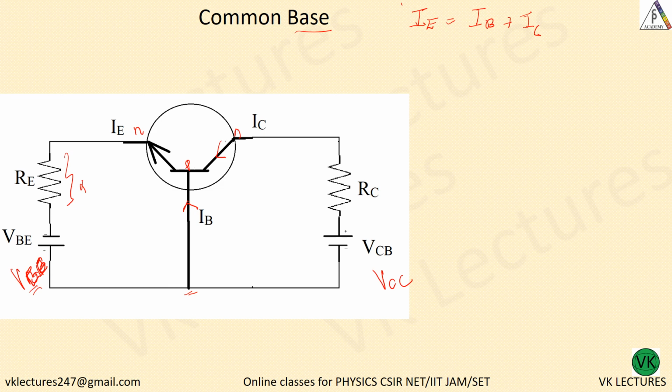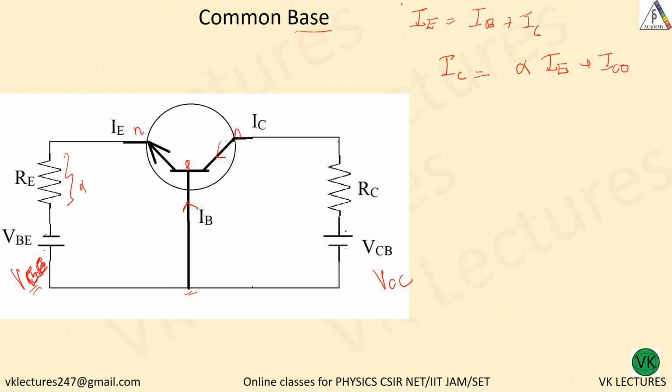Now I can write IC is equal to alpha times IE. That means IC is part of IE. That means IC is alpha times IE plus IC naught.